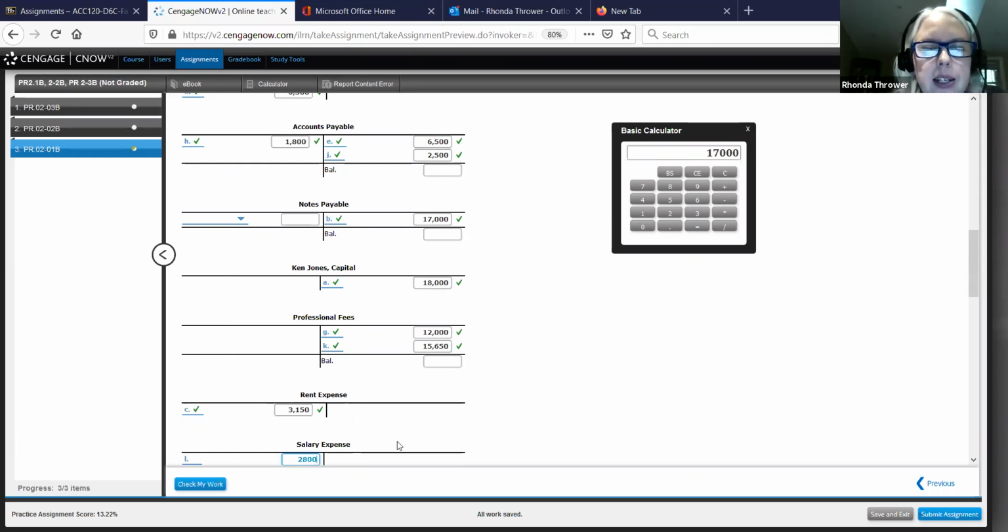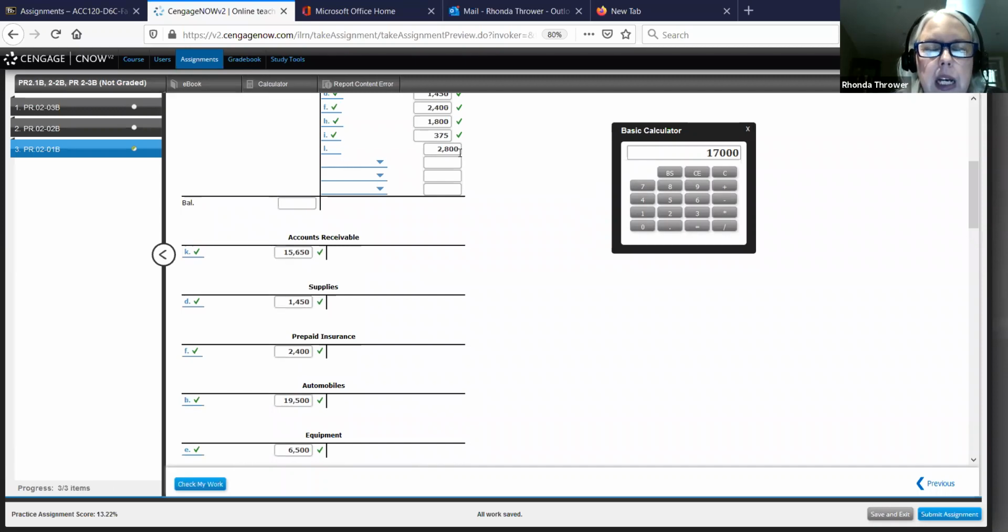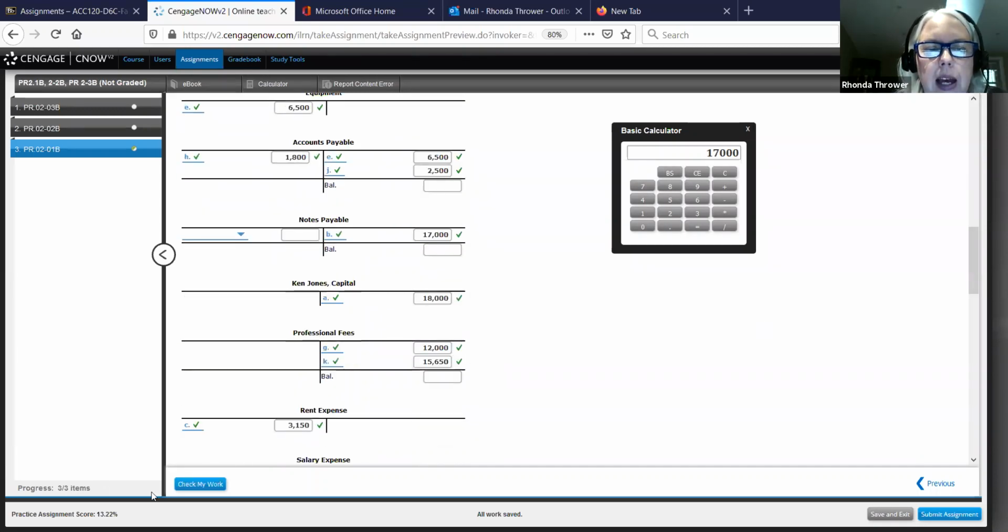So I have a debit to salary expense, and I have a credit to my cash account for $2,800. And that's how you would analyze this transaction.